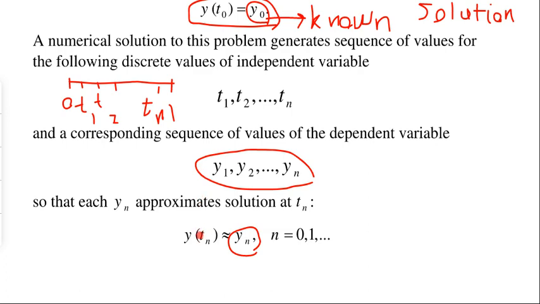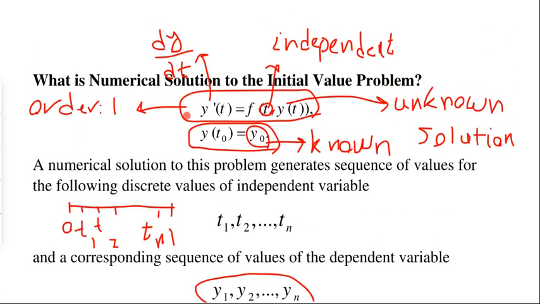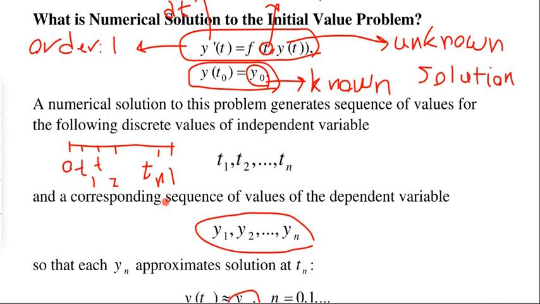These approximations will be denoted by yn, and these are numerical estimations of our unknown solution. So this problem is defined, for example, on this domain. We will consider these points and we will try to obtain these values at these discrete points.